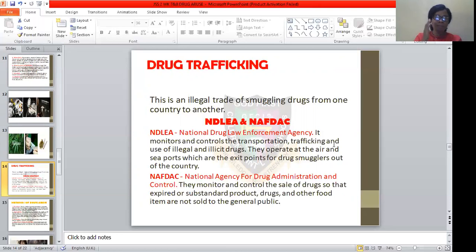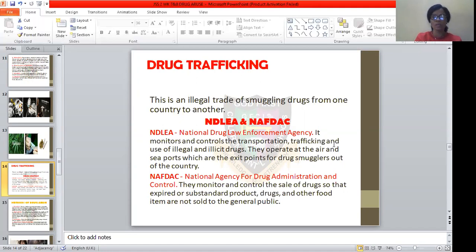They help to monitor our drug smuggler in and out of a particular country. You know, when you see them at the border entry of a country, or the airport, or the seaport, you won't be able to do that trade. You won't be able to bring in goods to such country. And even if you reside in Nigeria and you are a drug smuggler, you won't be able to take it out of this country. In fact, no time.